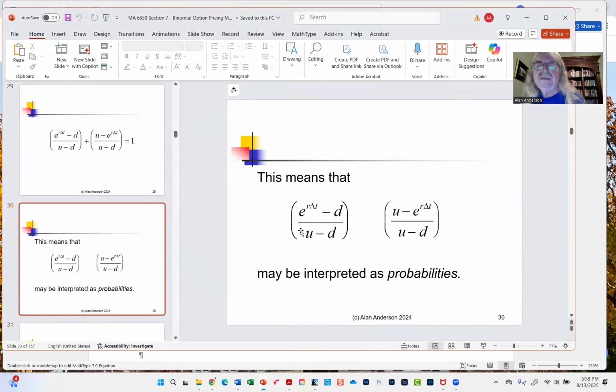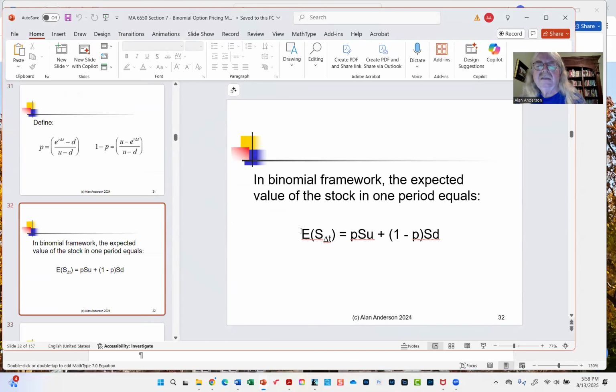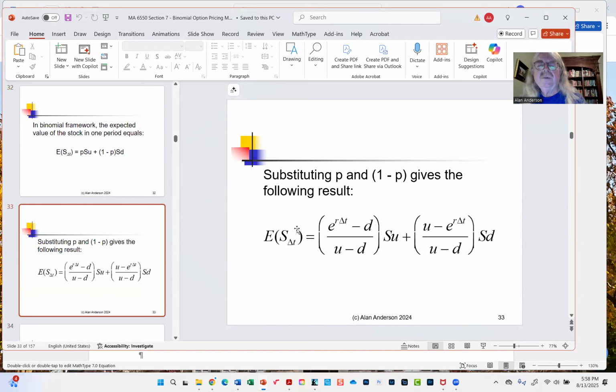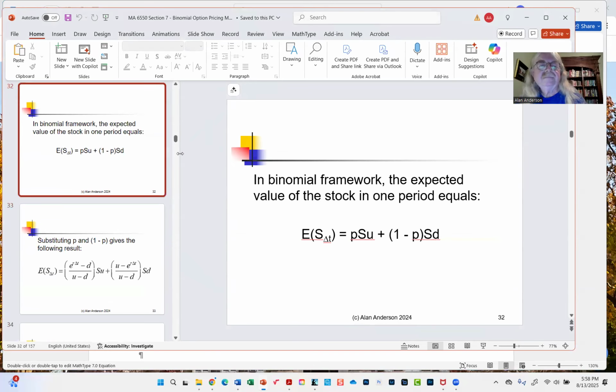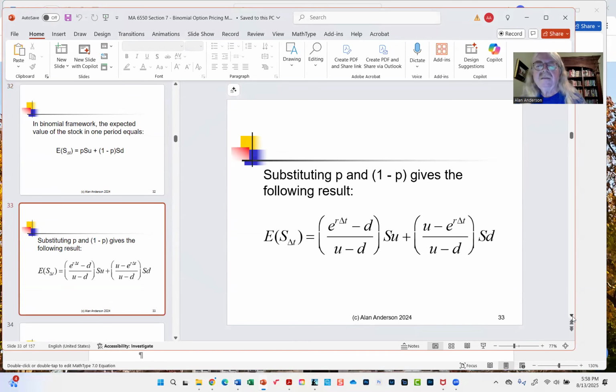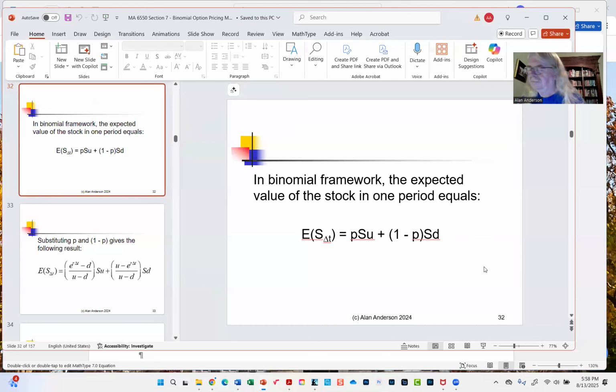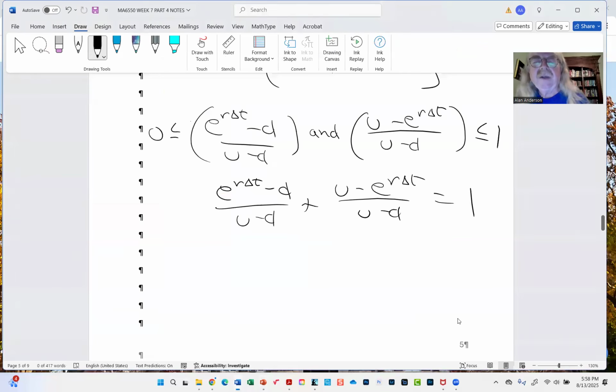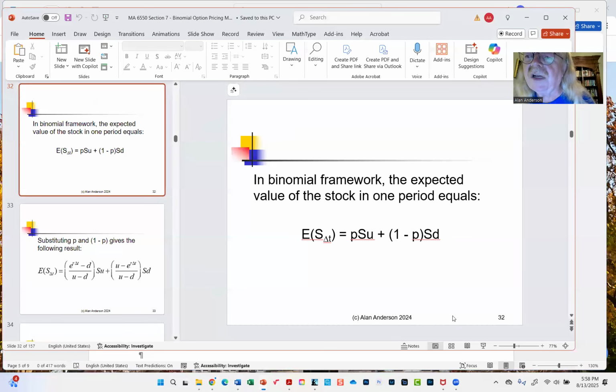Well, keep in mind that when you look at your stock tree, by the way, S delta T means the price of the stock delta T in the future.